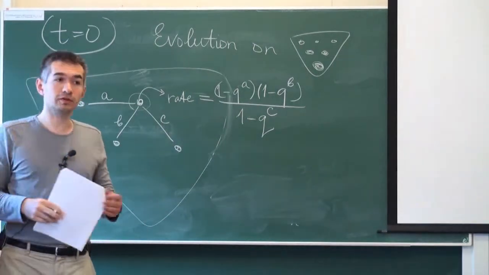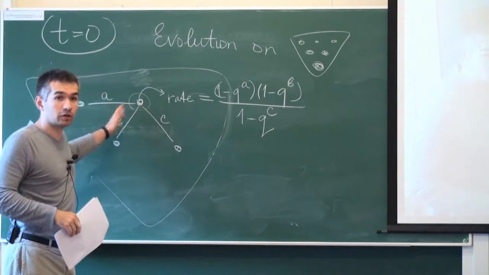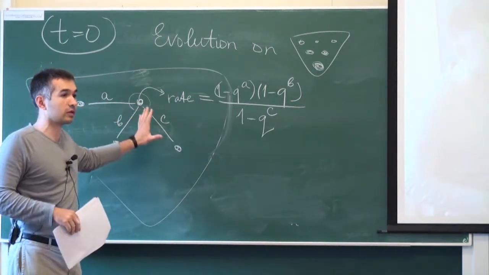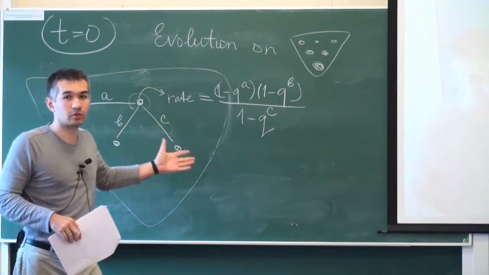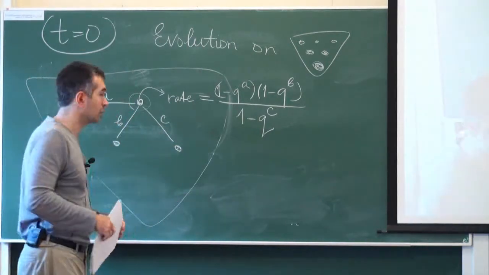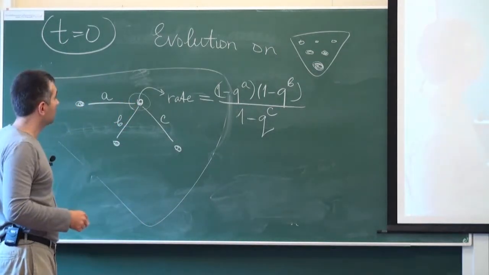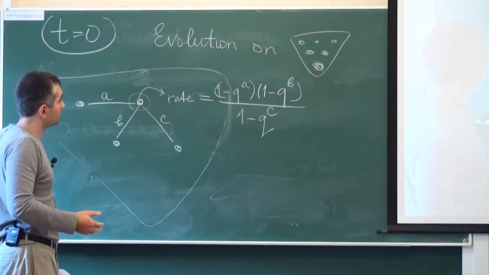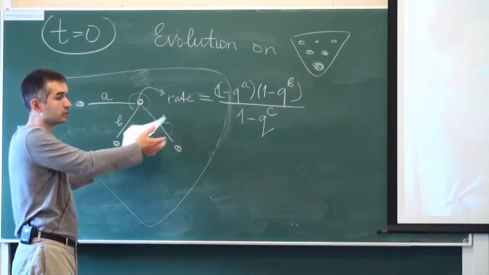Now what's good about this thing? Well, this rate is local. It only depends on the configuration in the neighborhood of my particle. That makes the problem somehow physical. One can try to employ various principles to describe what will happen. But other than that, you get these rates.